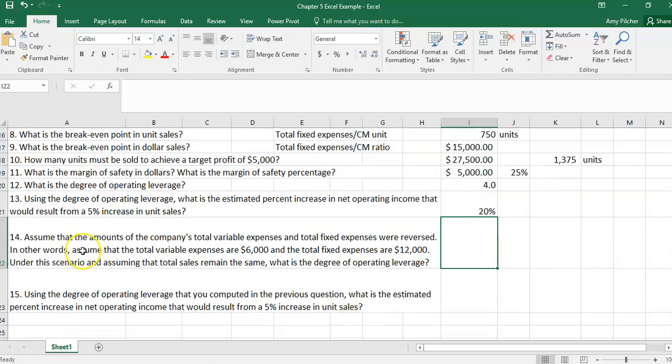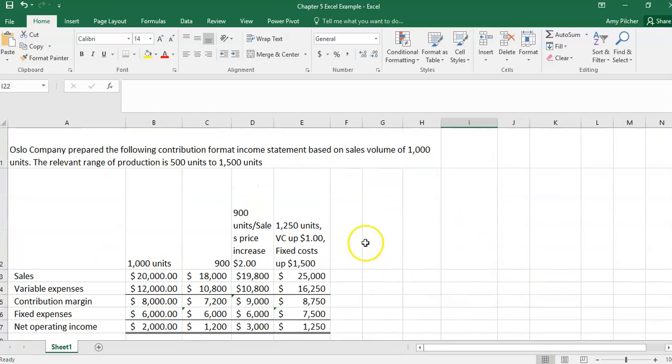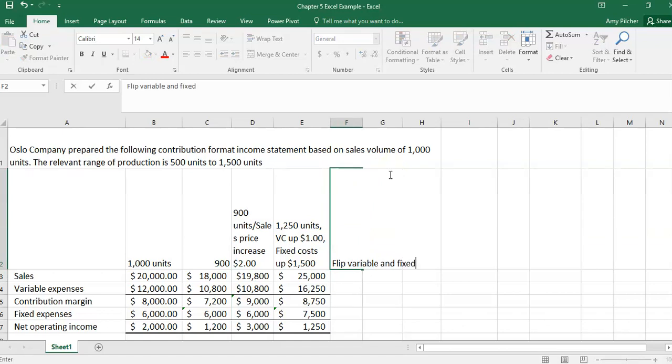Number 14 says, assume that the amounts of the company's total variable expenses and total fixed expenses were reversed. So in other words, if our variable expenses were 6,000 and the total fixed expenses were 12,000, then what is the degree of operating leverage? So let's look at that. Let's flip variable and fixed costs.